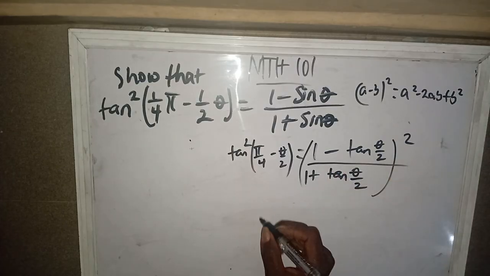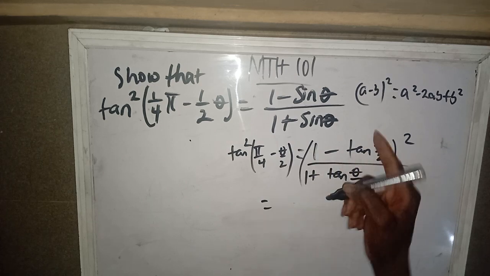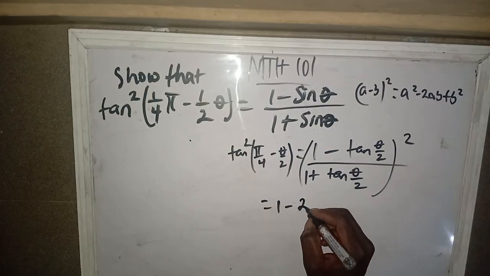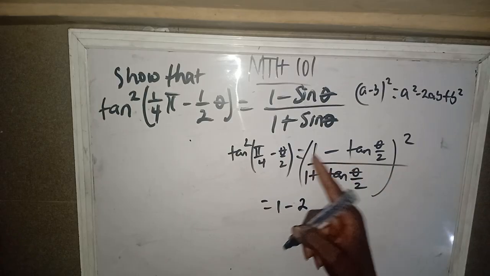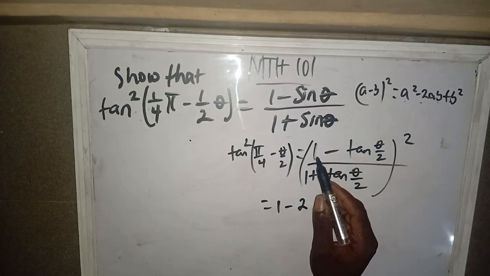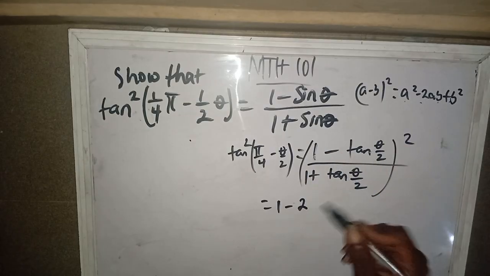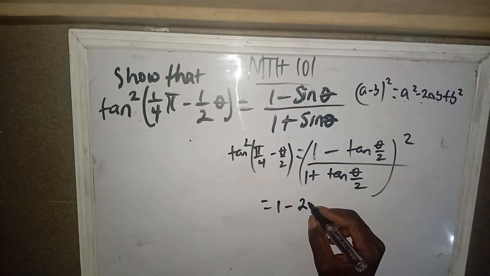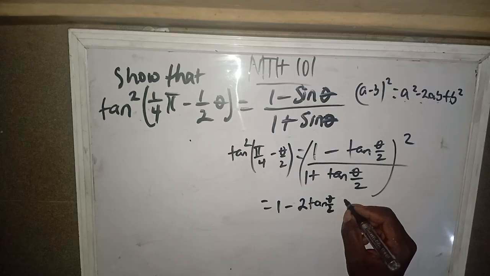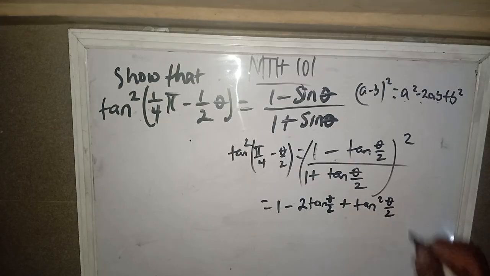So here we have 1 square, which is 1, minus 2 times 1 times b, tan theta over 2, plus b square, tan square theta over 2.